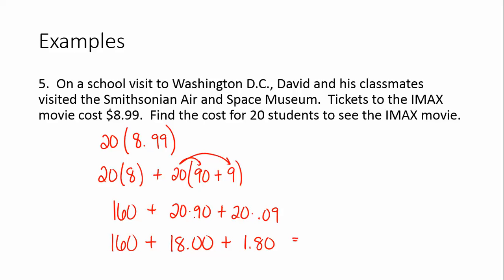So 160 plus 18 is 178, plus $1.80 is going to be $179.80. And that's without using a calculator or doing long multiplication, where you take 899 times 20, or some of you using the lattice method.